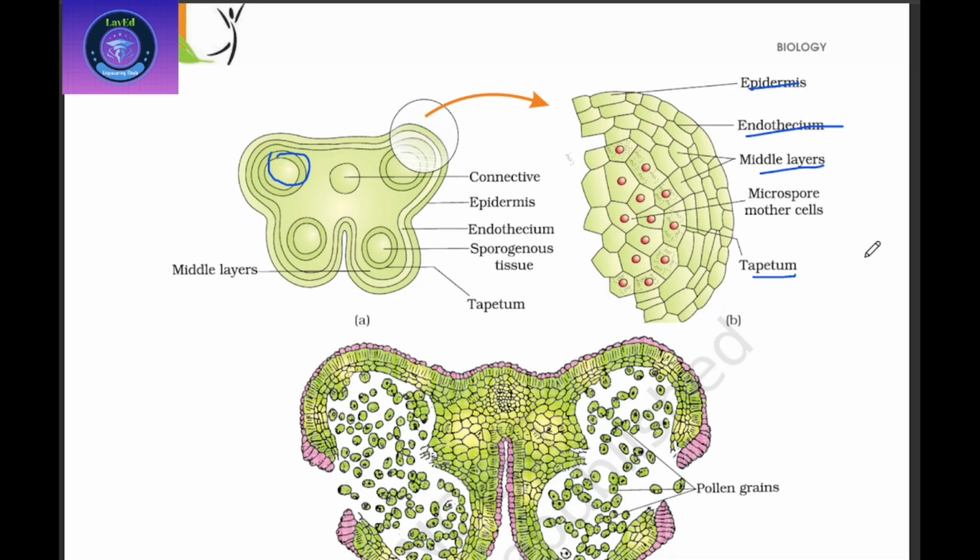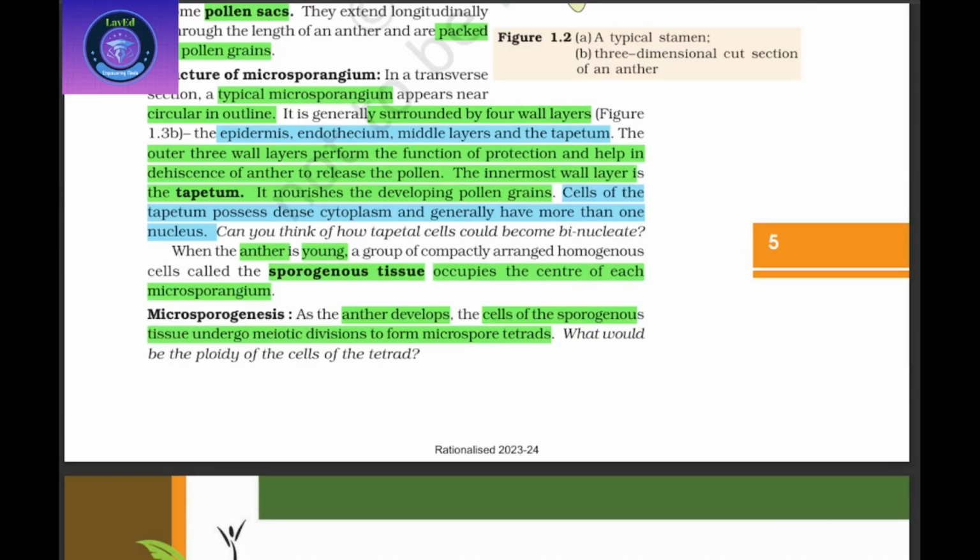Now I think we can go to the theory part. What I've told you now will be implemented in the theory part. Very important. So, in a transverse section, a typical microsporangium appears near circular in outline. First of all, I told you that the anther was tetragonal in nature.